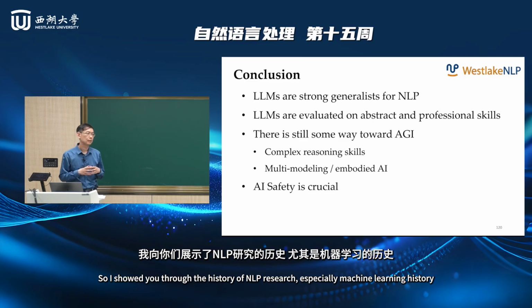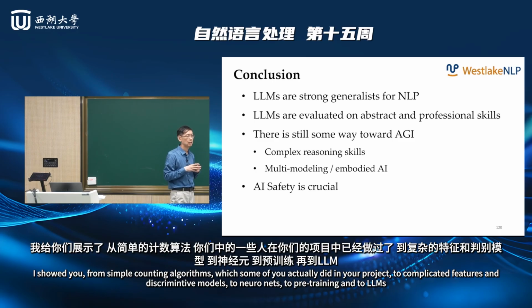So I showed you through the history of NLP research, especially machine learning history. I showed you from simple counting algorithms, which some of you actually did in your projects, to complicated features and discriminative models, to neural nets, to pre-training, and to LLMs.